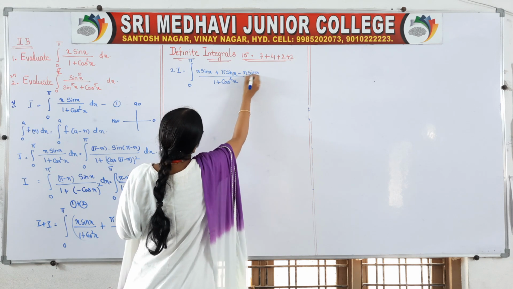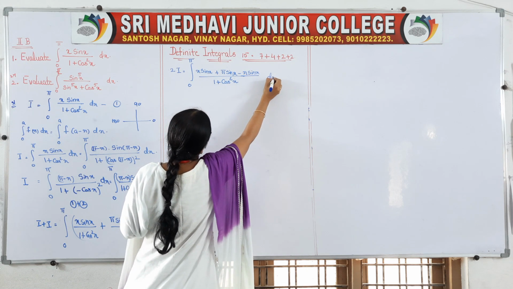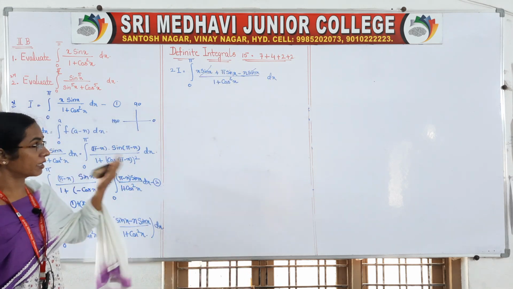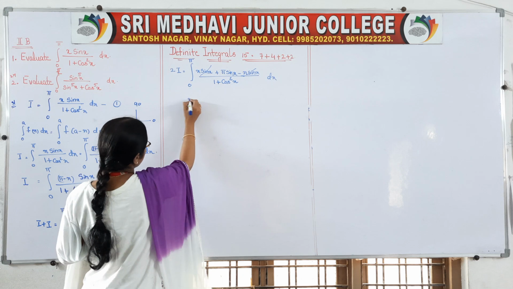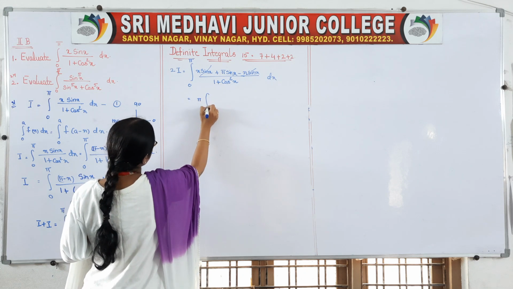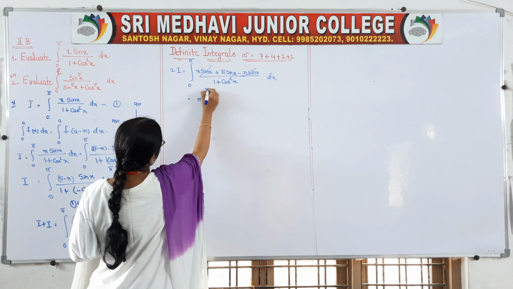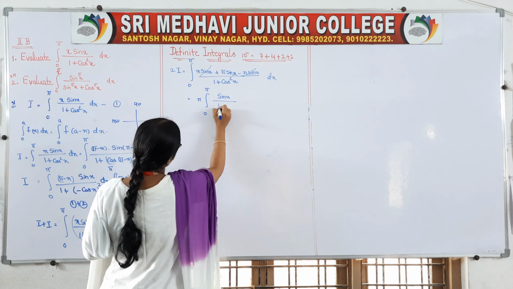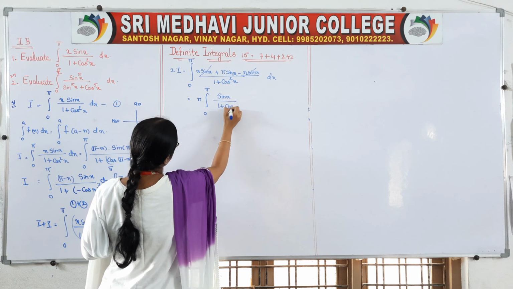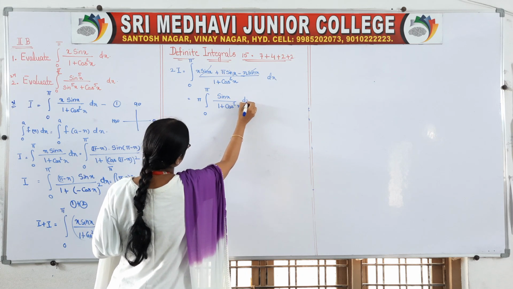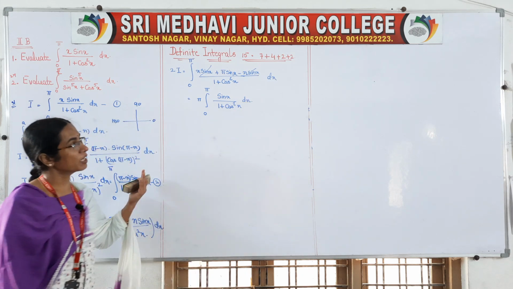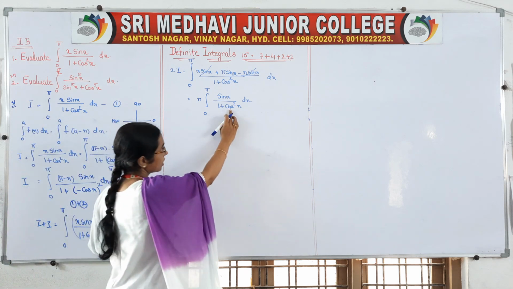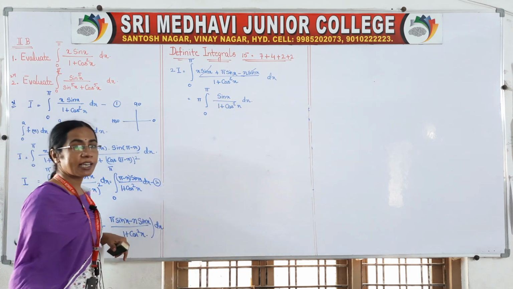Positive and negative values will get cancelled, and pi is a constant, so we can write pi outside. So if we take pi outside, it is 0 to pi, what is the value? Sin x by 1 plus cos square x dx.